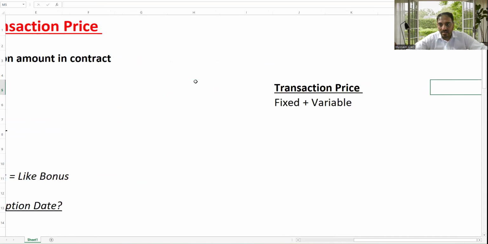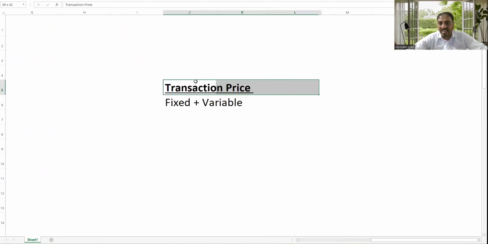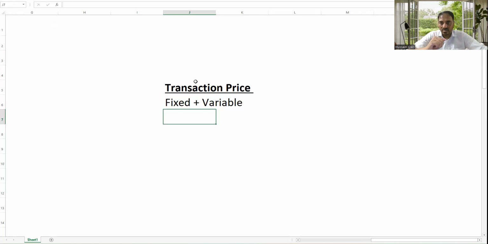Students, the transaction price between the seller and buyer in a contract may be fixed or a combination of fixed plus variable.